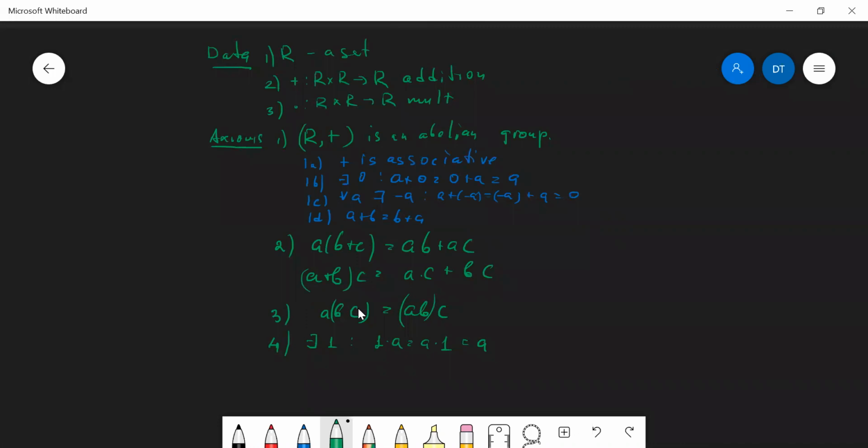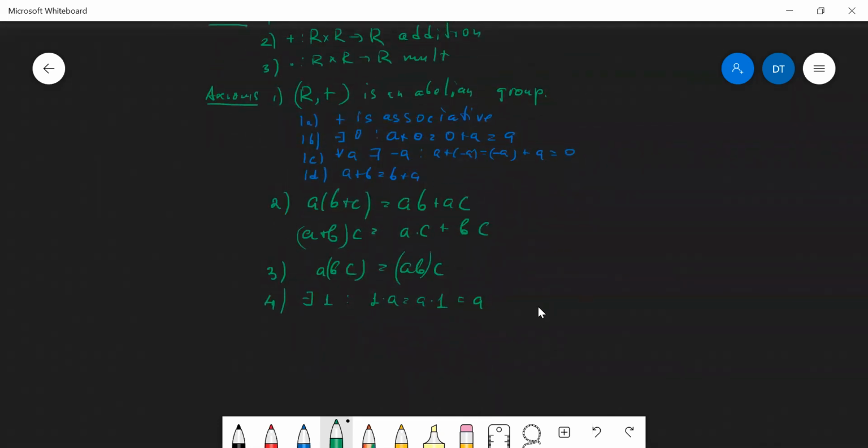So it's not a group with respect to multiplication, just in case. R with multiplication is associative and has a neutral element, but the elements are not necessarily invertible with respect to multiplication. That's a crucial difference. So multiplication is just an operation which is associative and has the neutral element.